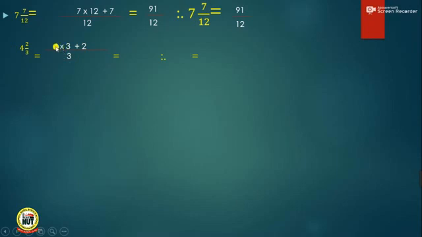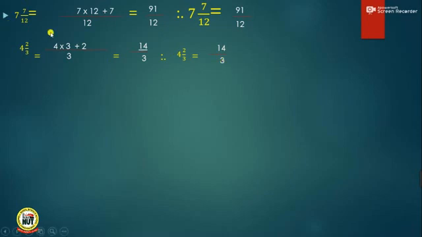That is 4 times 3 plus 2 all over 3. 4 times 3 gives us 12. 12 plus 2, 14. So 4 whole number, 2 all over 3 is equal to 14 all over 3.